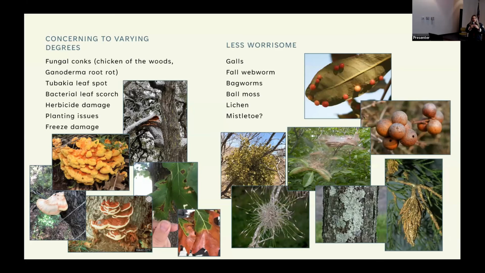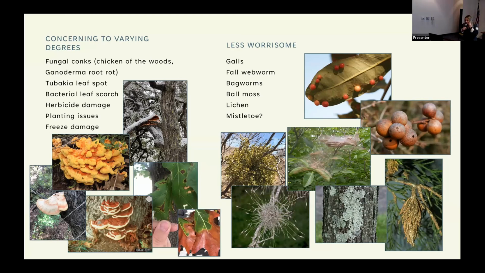Last summer, I think, there were a lot more of those red galls on the underside of live oaks. But you also get the brown ones, and on the right, the fuzzy, light colored ones. So all different sorts of galls. They really don't hurt the tree. It's not cause for concern. Some years there's going to be more than others.